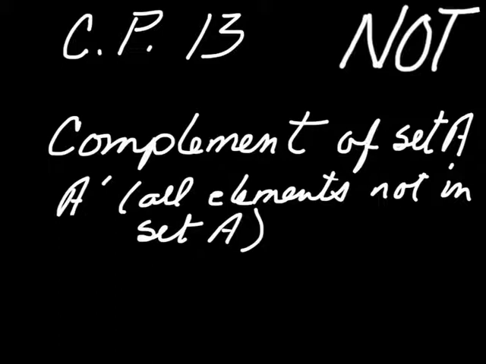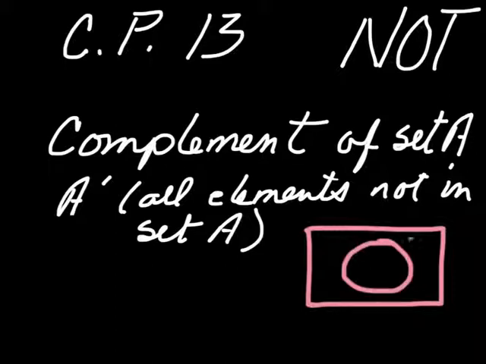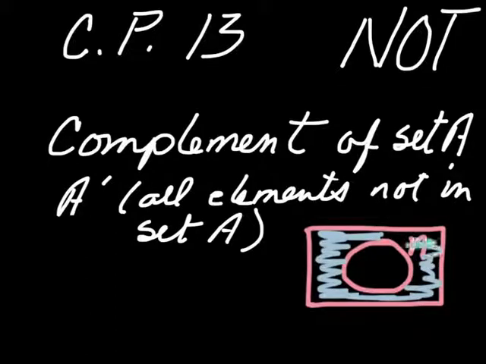From set theory, the complement of set A is all the elements that are not in set A. If I drew a universal set and then a set A in the universal set, then the complement would be everything outside of set A. So hopefully you'll remember that from set theory. It'll really help you on some of these problems.